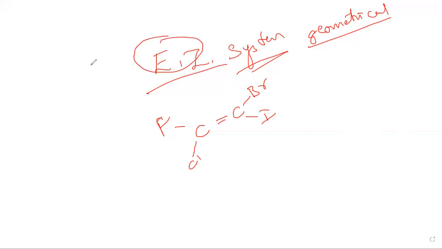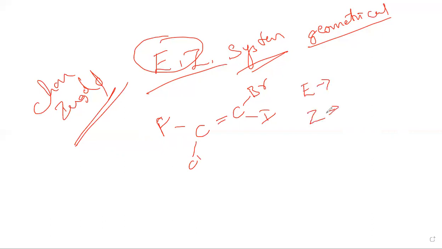The E and Z notation was developed by Cahn and Ingold, who gave the rules to represent the E and Z system of geometrical isomers. You need to know that E and Z come from two German words. Z is zusammen, meaning together.